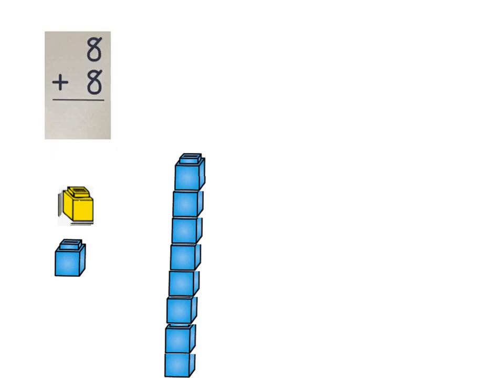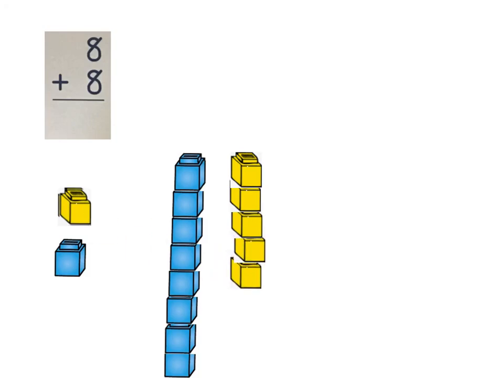All right, and then we're going to build a tower for the second number. What number is that? It's 8. So use your other color and build a second tower of 8. 1, 2, 3, 4, 5, 6, 7, 8. All right, very good. Now, I want you to put your 2 towers together and let's figure out the answer to this newest doubles fact.